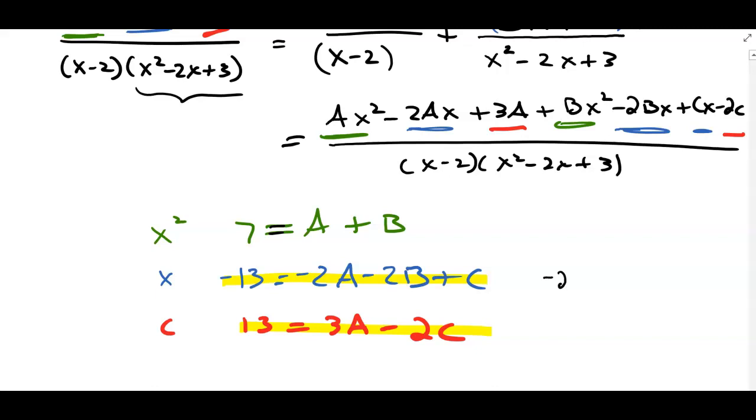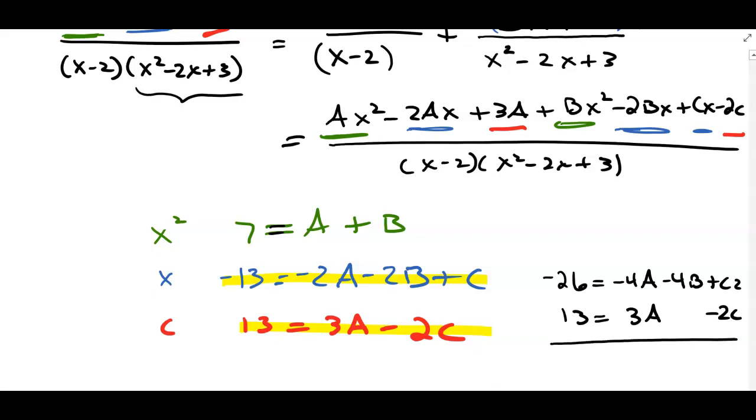So this becomes negative 26 equals 4a minus 4b plus 2c. And then I can just copy this equation over. And this is just solving multiple systems. 3a, line everything up. I don't have a b in that equation.